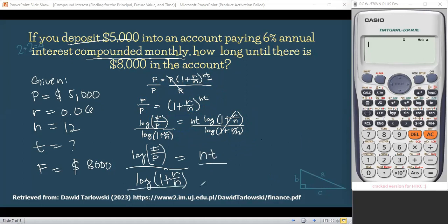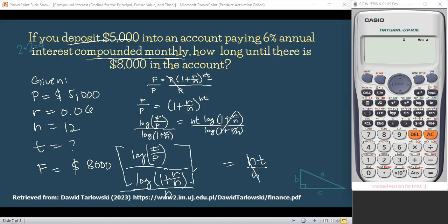I-divide both sides po ulit natin yan kay N. Since ang kailangan lang naman natin is si T, i-divide both sides pa rin natin siya by N para ma-isolate na si T. O si T na lang uli yung nandyan.